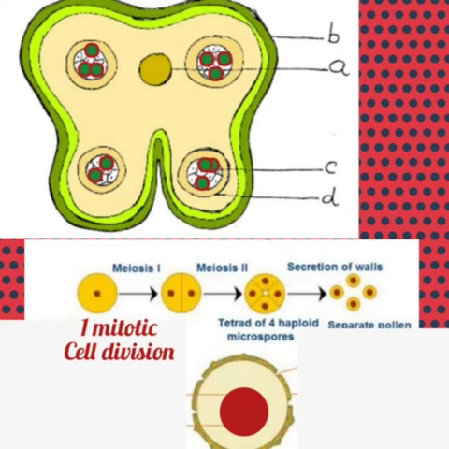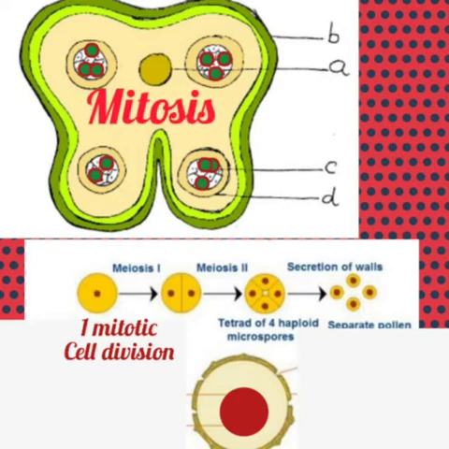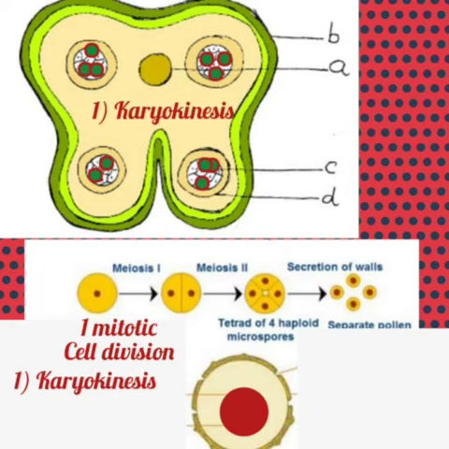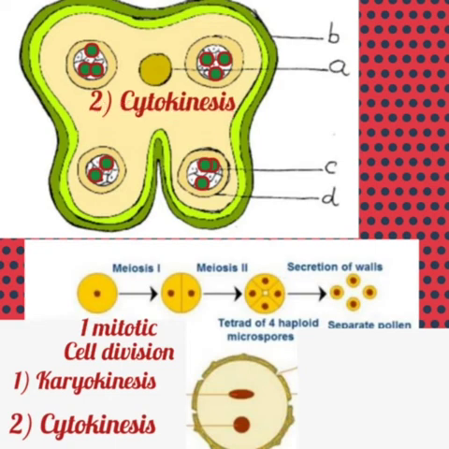Now, this pollen grain will undergo one mitotic cell division. So, the cell first will undergo karyokinesis, that is nucleus division. So, the nucleus inside the pollen grain will get divided into two. Then the cell will undergo cytokinesis. Now students, the cytokinesis is not equal.